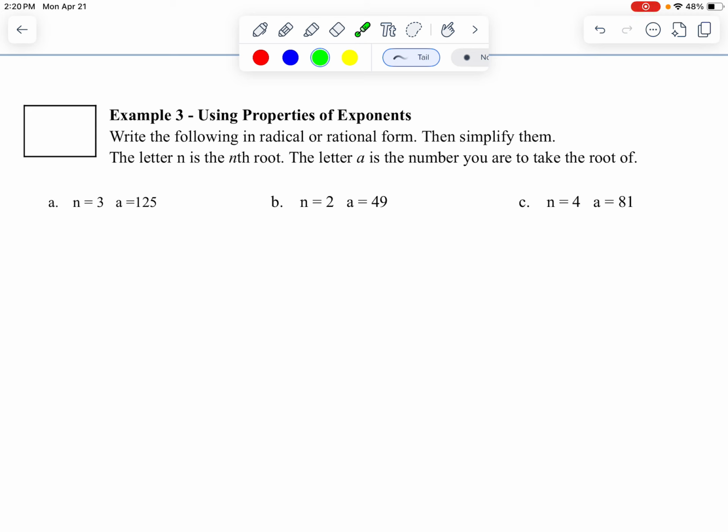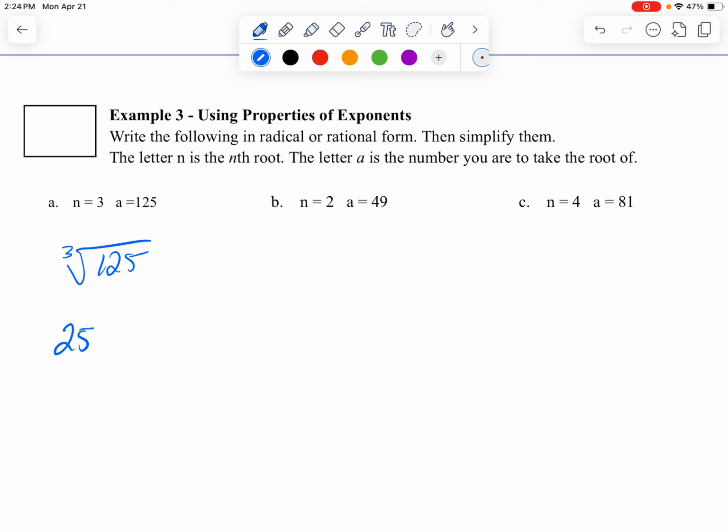All right, so we've got A is 125 and N is 3, so this is the third root of 125, and we're taking the third root, so this is what number times itself 3 times gives us 125.